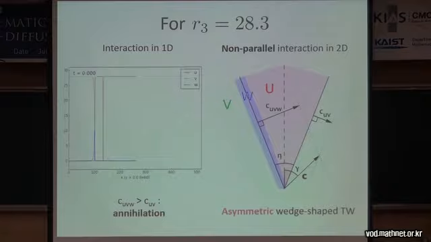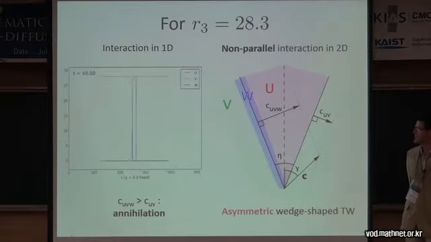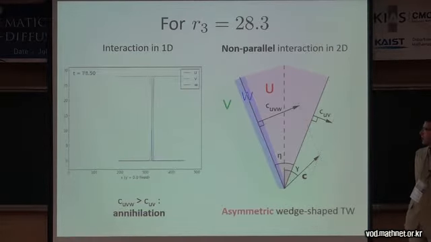Okay, so we will choose one value of r3, in particular 28.3, and consider what happens for the interaction of the two different traveling waves. So we have that these two waves collide and interact destructively.